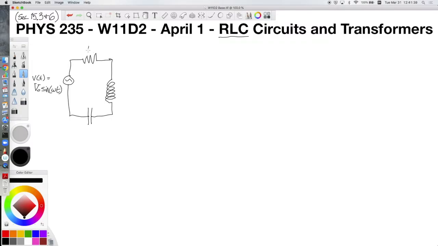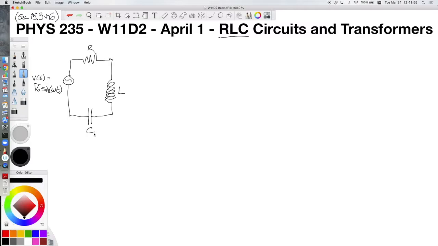This up here at the top is the resistor with resistance R. This is the inductor with inductance L and the capacitor with capacitance C. And we are going to analyze the behavior of this circuit mostly using phasor diagrams.